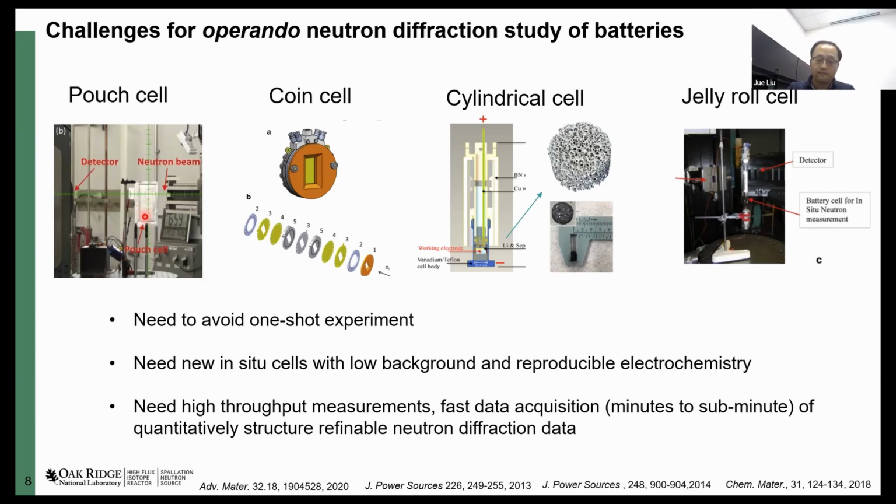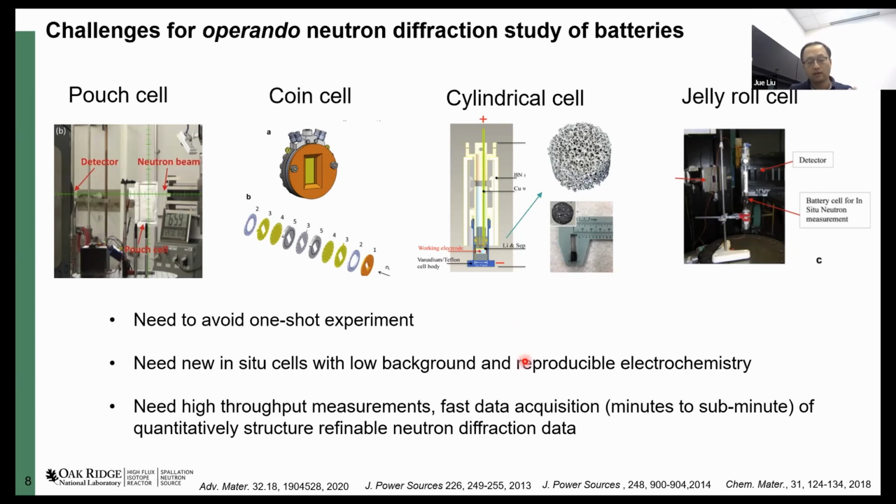We tried pouch cells, coin cells, and also cylindrical cells using thick pellets. This work has actually been done on power cells and also some early jelly roll cells. If you look at these different configurations, there is one thing that really differs from typical in situ X-ray diffraction.